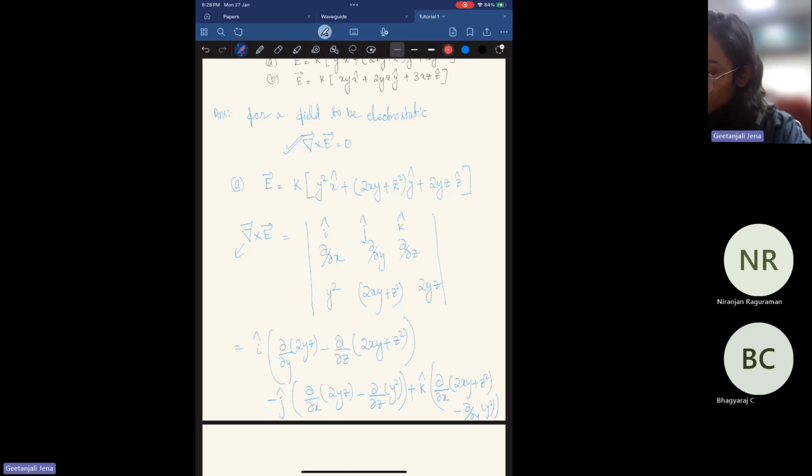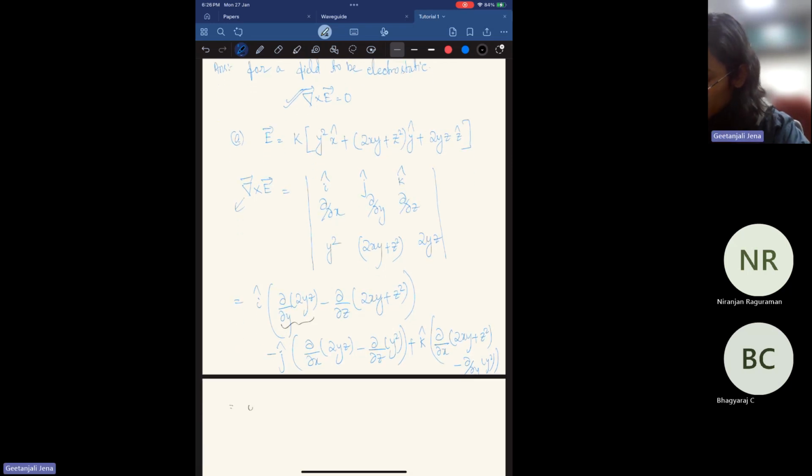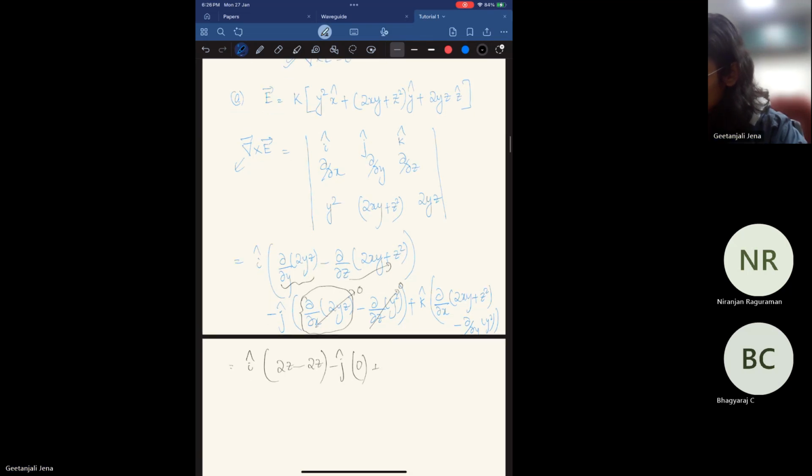The i cap term will give 2z minus 2z, which is 0. For j cap, dou by dou x of 2yz is 0 because there is no x term here, and dou by dou z of y square is also 0. And the k cap term will give 2y minus 2y, which is also 0.